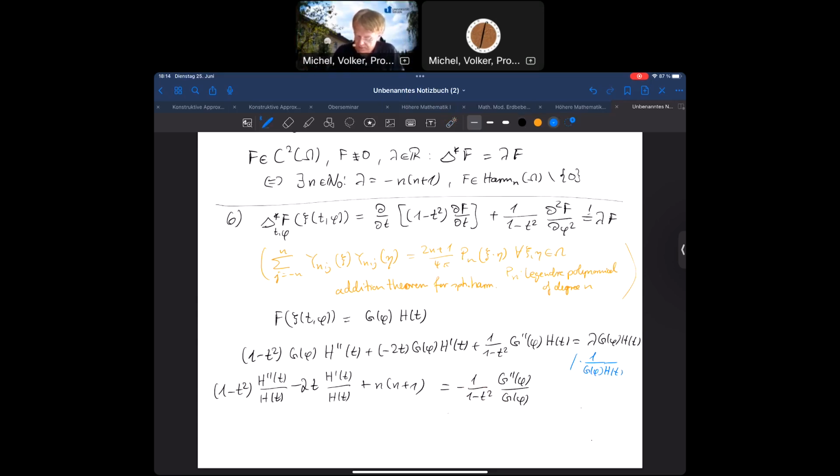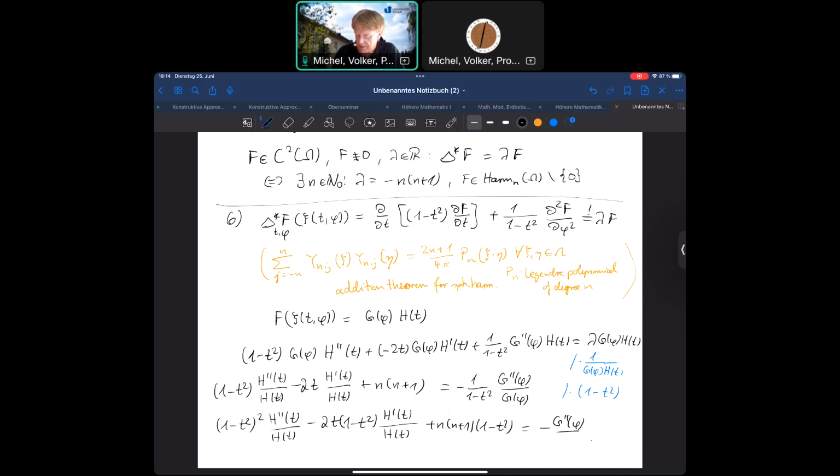This is why I multiply the equation now with 1 minus t squared. And this gives me 1 minus t squared to the square, h double prime of t by h of t, minus 2t, 1 minus t squared, h prime of t divided by h of t, plus n times n plus 1 times 1 minus t squared, and that equals minus g double prime of phi divided by g of phi.